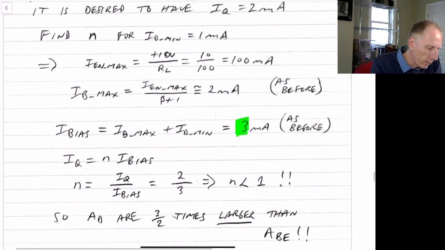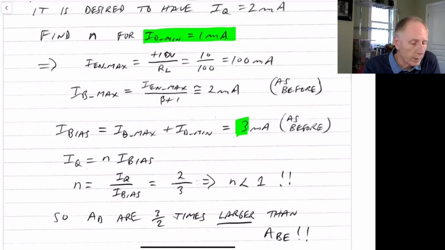So we had this one here, ID min, the current through those diodes would always have at least 1 milliamp through it and never go down to 0. If we let it go down to 0, then perhaps we'd get away with having an N approximately equal to 1, which would make the area of the diodes equal in size to the area of the power transistors. But that's still a significant waste of silicon area.